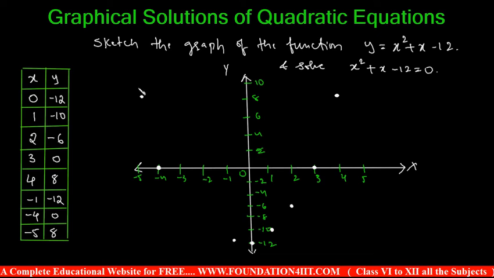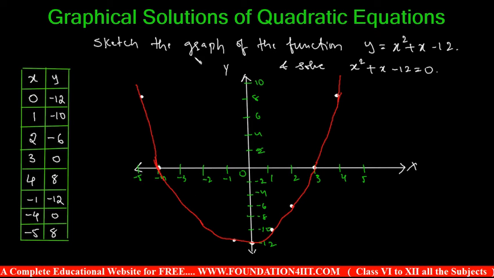So with a curve we can easily join. You can join like this, all the points with free hand. So if you join this, now one thing you can notice here.